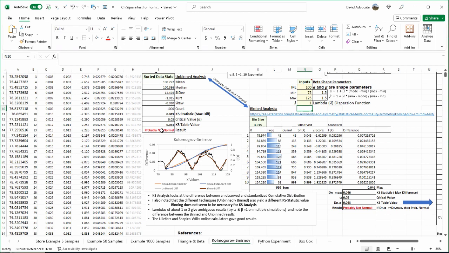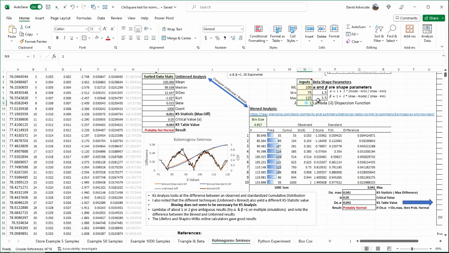So they both say not normal, probably normal, probably not normal, probably not normal, probably not normal, probably not normal, probably normal. You can see that's practically a uniform distribution.